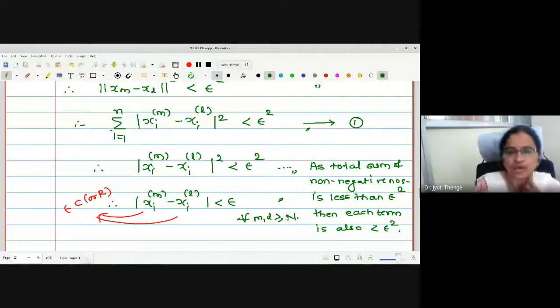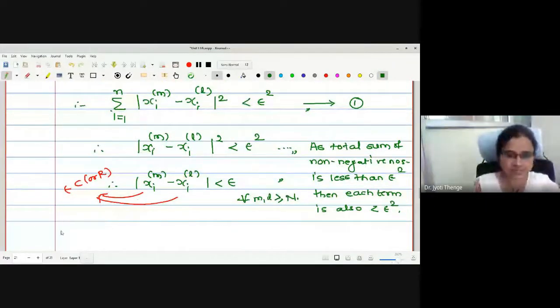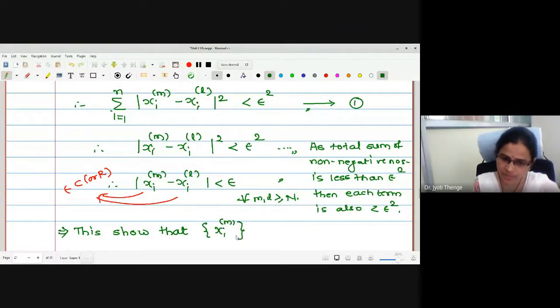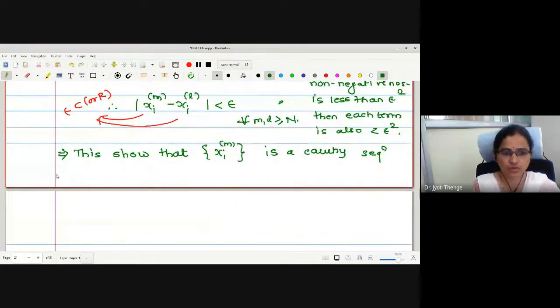Okay, so now what is my claim? This shows that the sequence, which sequence here? Let me write xim. This sequence is a Cauchy sequence of complex or real numbers.